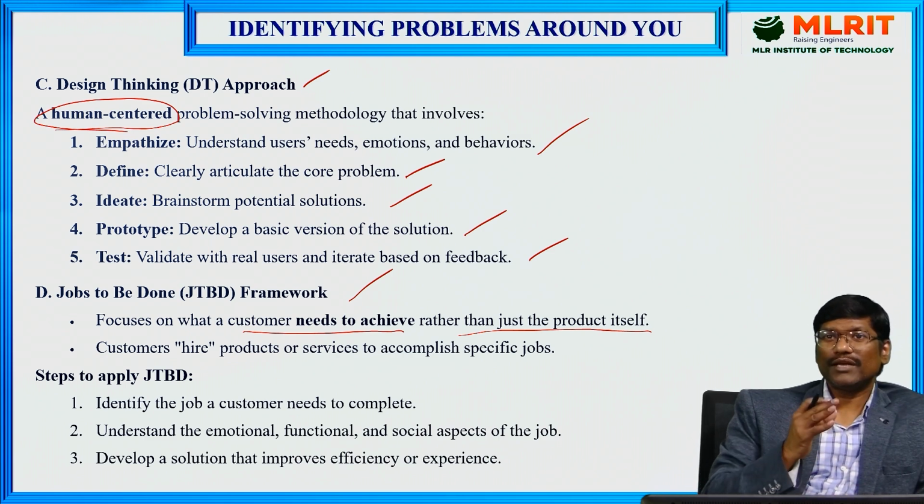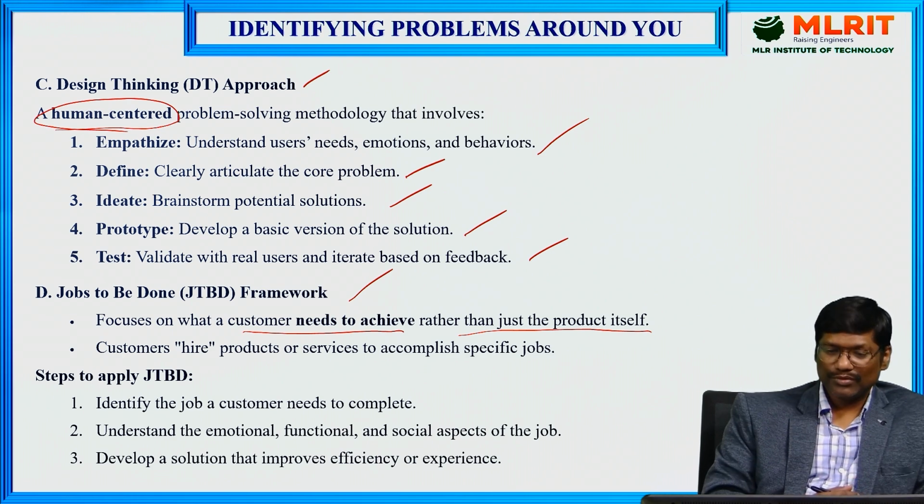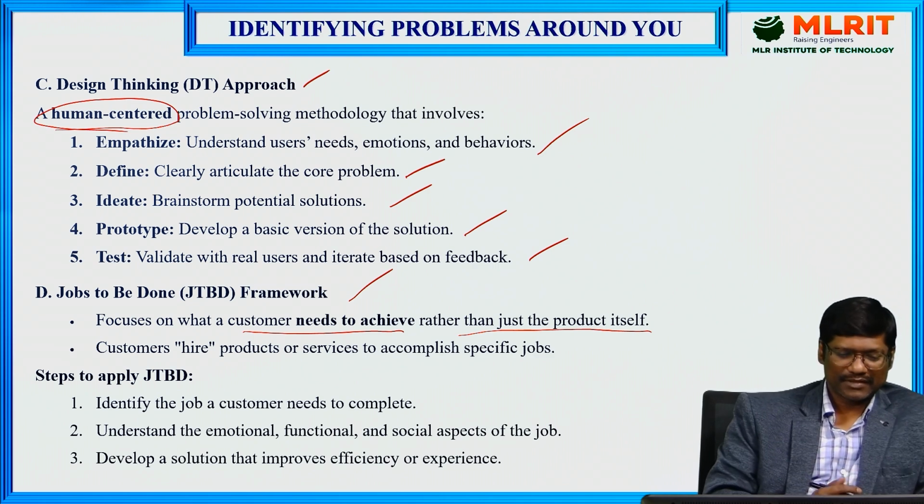So if you can provide an effective solution to what they're trying to do, or if you introduce some effective product or a solution to the customers, right, to achieve their targets, right? So that really helps, right?